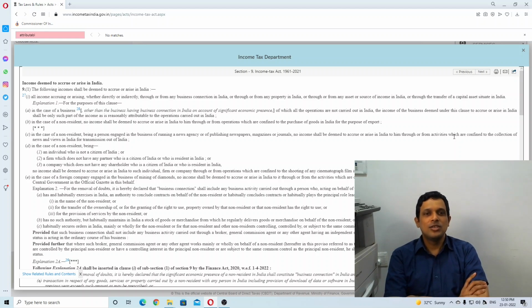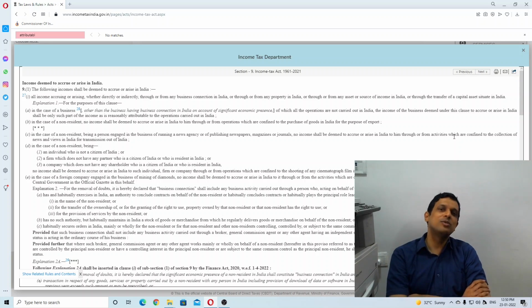And 9.1.1 says there is an income accruing or arising, whether directly or indirectly, through a business connection. So the business connection is the Indian client paying the foreign commission agent. So the foreign commission agent's income will be brought under tax in India unless you look at Explanation 1A, which clearly says only the income reasonably attributable to the operations carried out in India.